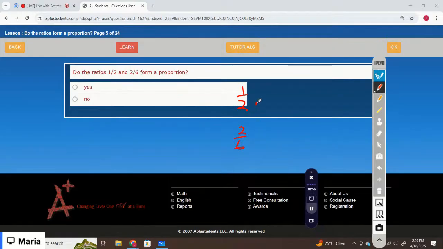Let's multiply this fraction by 3 to make the denominators the same. 3 times 1 is 3 and 3 times 2 is 6. So no, they do not form a proportion. The correct option is no.